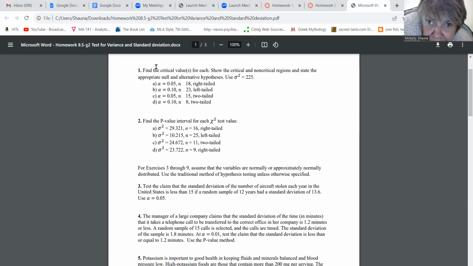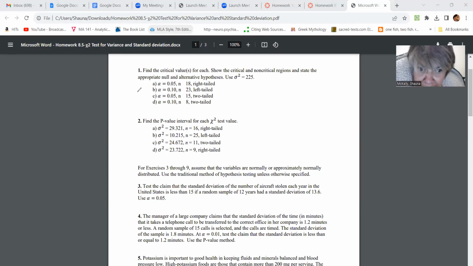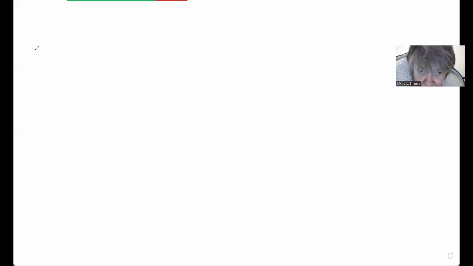So let's come over here and use the whiteboard and write what we know down. Our parameter here, before we start our hypothesis test, is the population standard deviation.